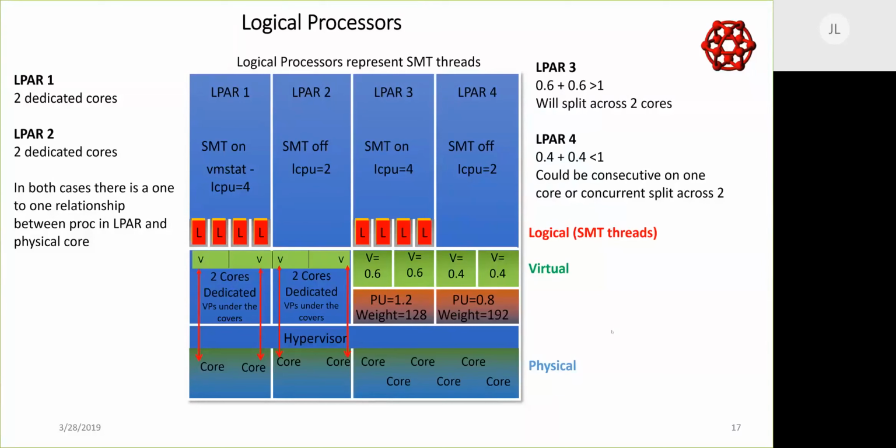This is one of the reasons why you'll hear me say later on that shared processor pools are good for most workloads, but if you have things that are latency sensitive, you may want to consider making them dedicated so that you don't run into the situation where I could get dispatched to the same core. So that's the point that I was trying to make there, is just making sure you understand one of the differences.